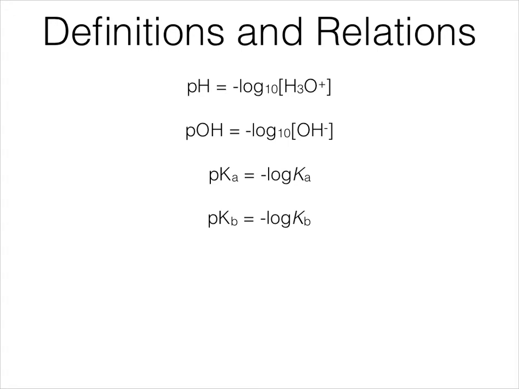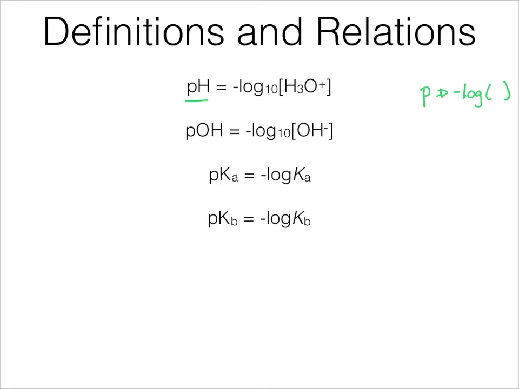One of these is pH. pH, this little p, it just means to take the negative log of anything. And so we have lots of different p's that happen whenever we talk about acids and bases, because it turns out that the log scale makes a lot more sense for what we're working with.